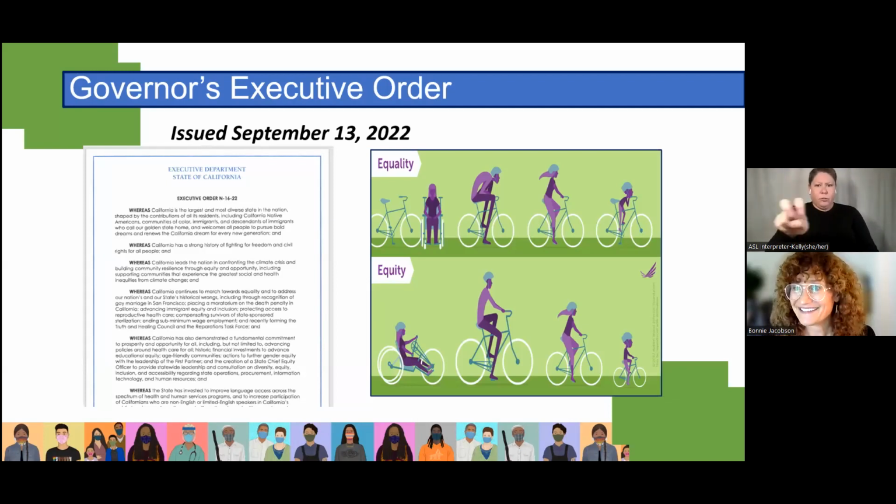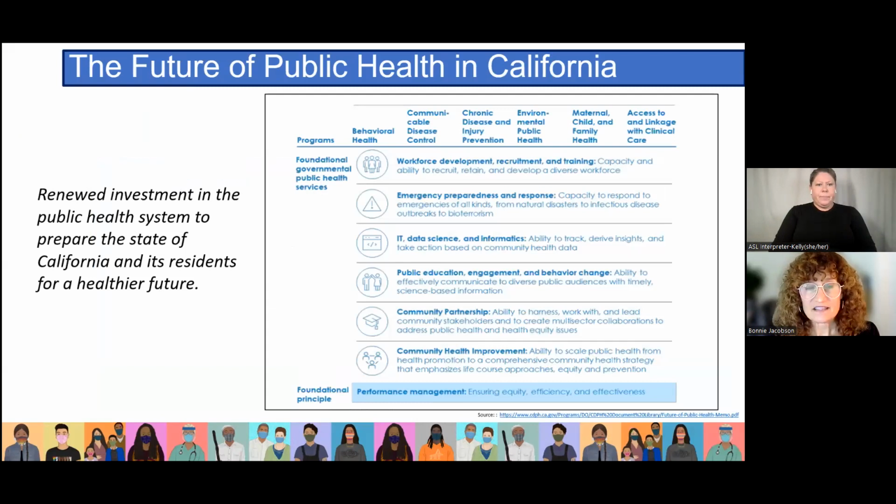Next slide, please. And then the third important piece that I want to call out to you, these are the big themes, is that the state of California made available through a program called the Future of Public Health some historic funding to allow for the growth and development of the department and for attention to be paid in specific to the areas mentioned here on the slide: developing the workforce, strengthening emergency preparedness and response, looking at IT, community partnerships, addressing health disparities, all of this really coming out of the things that we learned through the COVID pandemic.